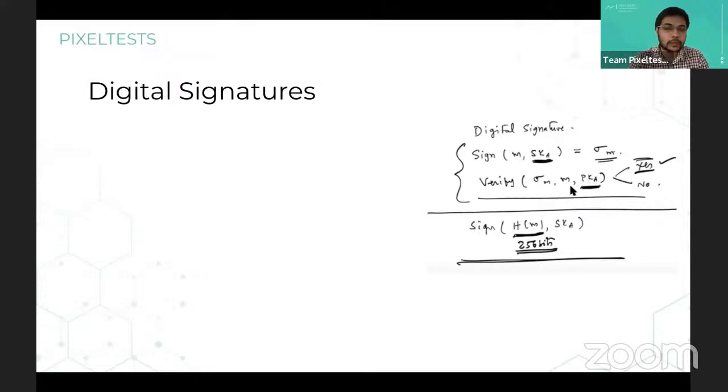So then the output is yes, this is a legit agreement, or no. So that is what happens when you use a digital signature. When you sign a document, it is with your secret key, and when somebody verifies it, it is using your public key and the output of the signature function. Okay.